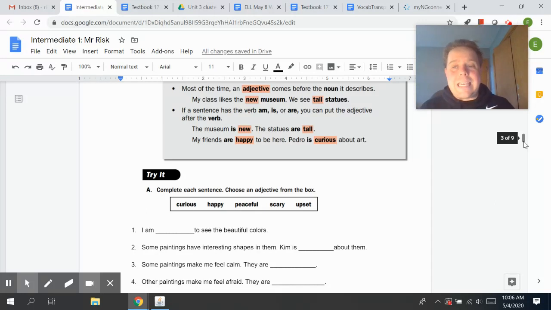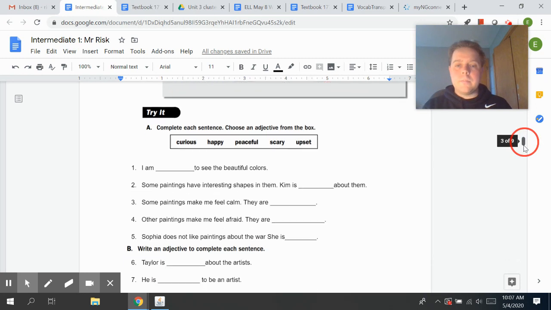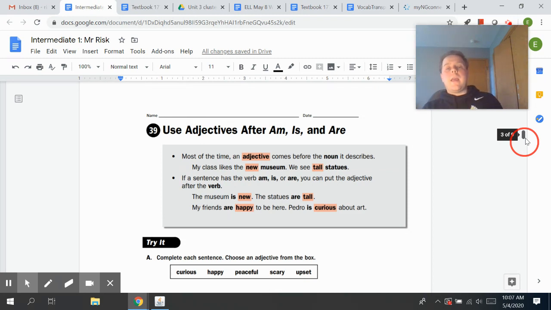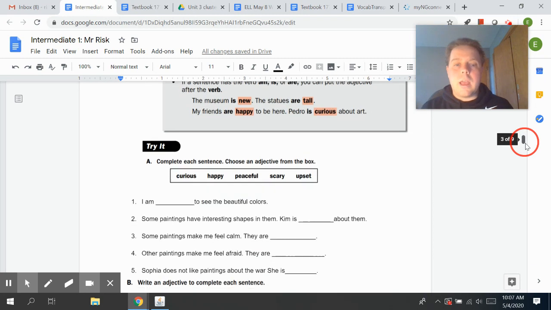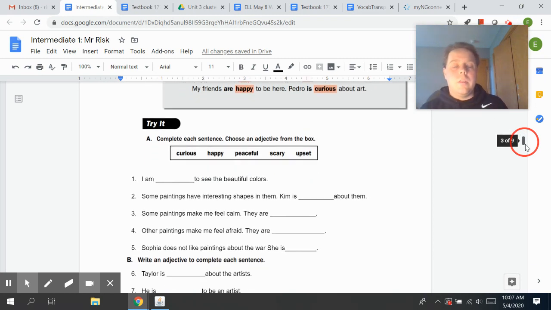The museum is new. The statues are tall. My friends are happy to be here. Pedro is curious about art. All right. So with am, is, and are, the adjective comes after the verb.